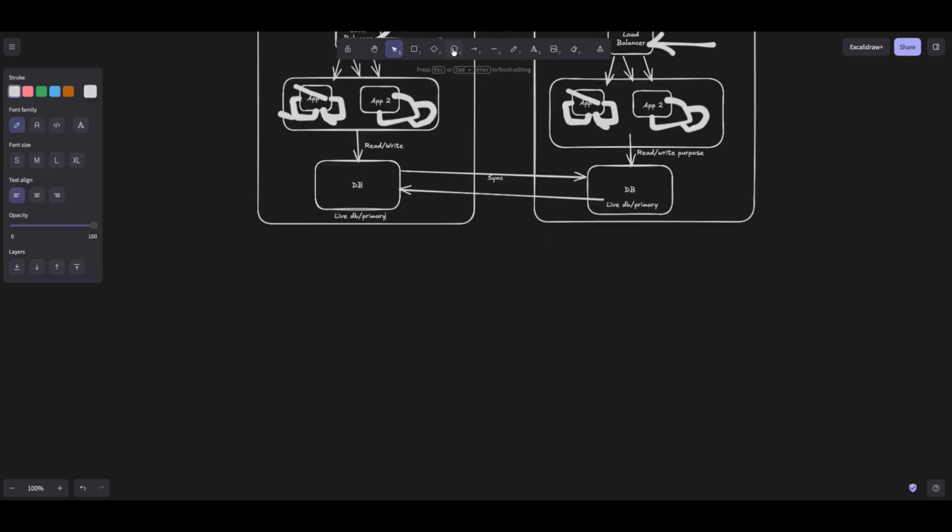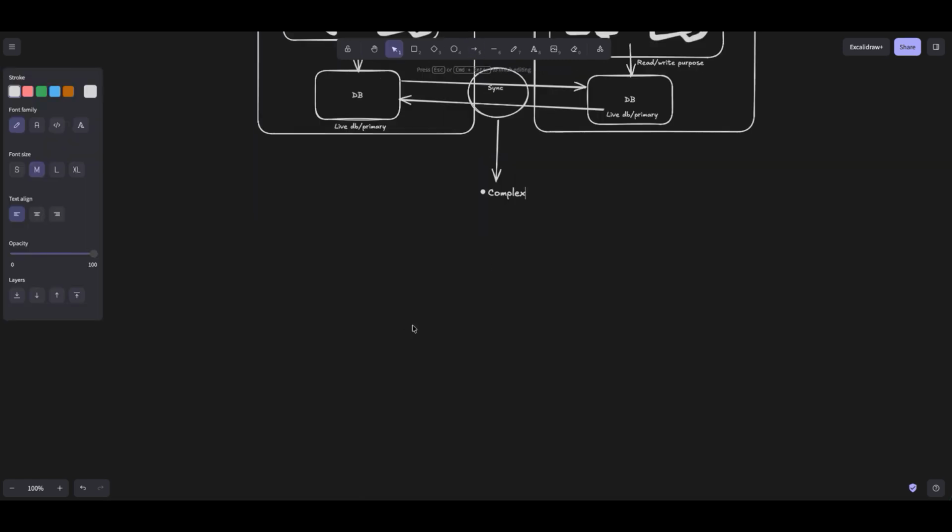Now the only part to note here is that this synchronization will be complex. Why will this be complex? Because right now we are allowing both database instances to have write requests simultaneously.